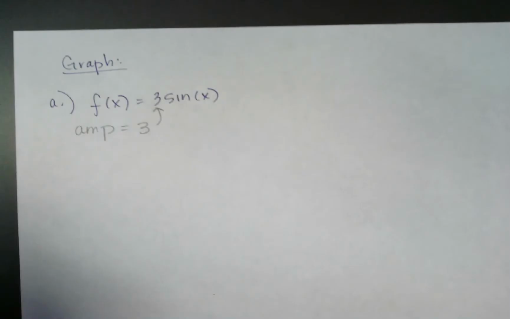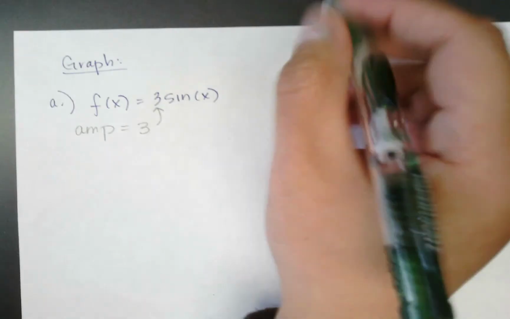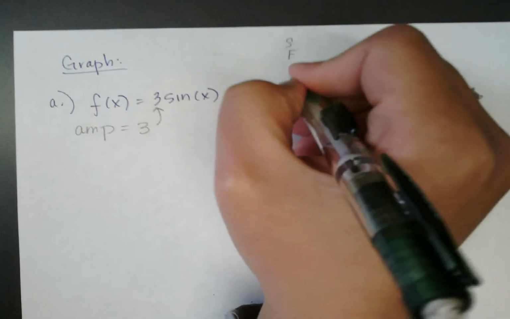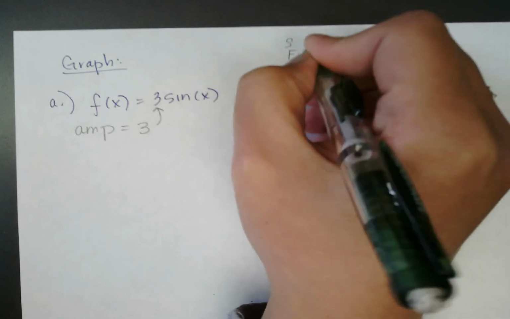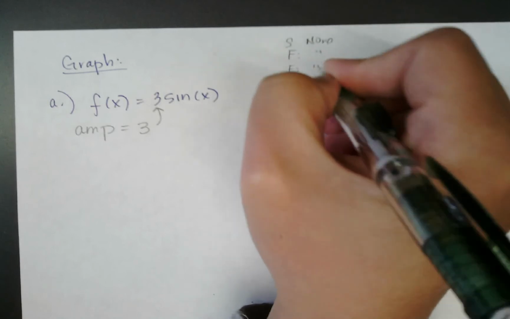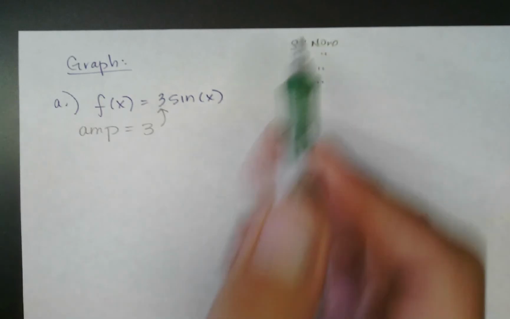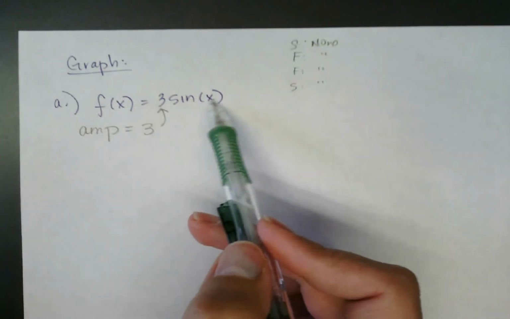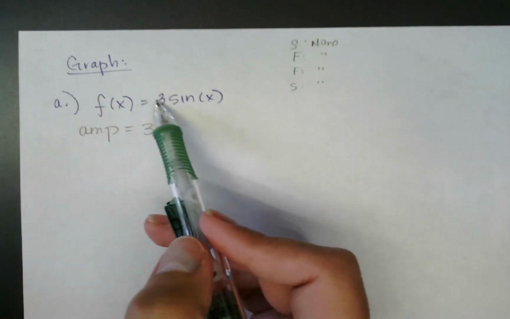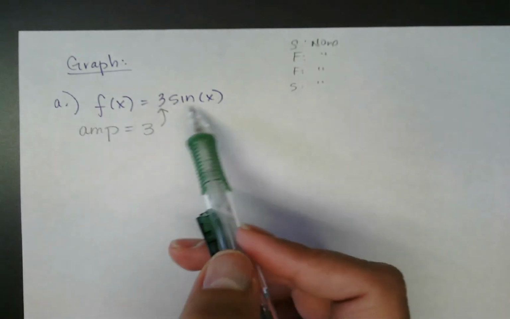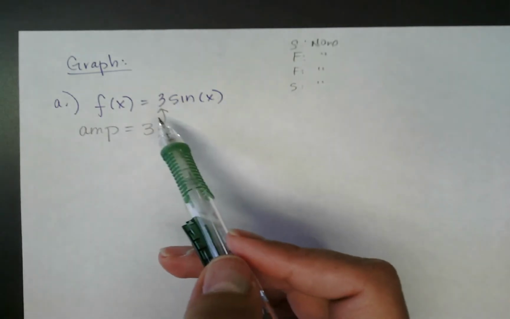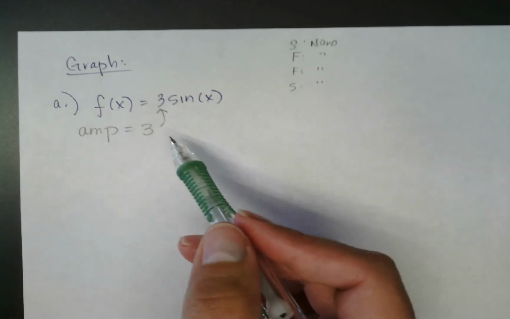Everything else is normal: there's no left-right shift, no left-right flip, no up-down flip, and no up-down shift. The only thing that changes from your basic function to your new function is the amp.